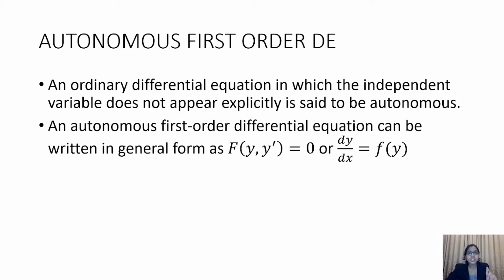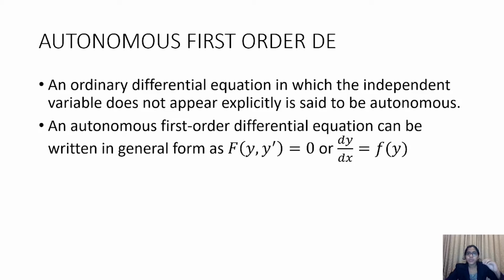So in an autonomous differential equation, dy by dx equal to some function that is exclusively in terms of only y. That is called the autonomous first order differential equation. This comes into use in the many applications we have seen in section 1.3, where mostly we consider things to be dependent on time.